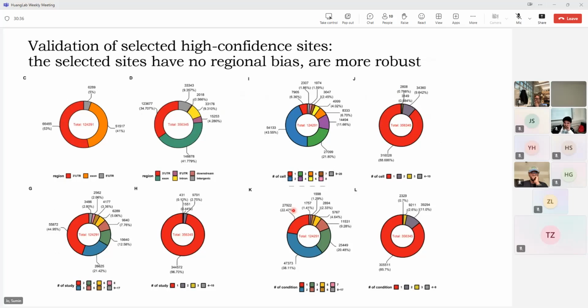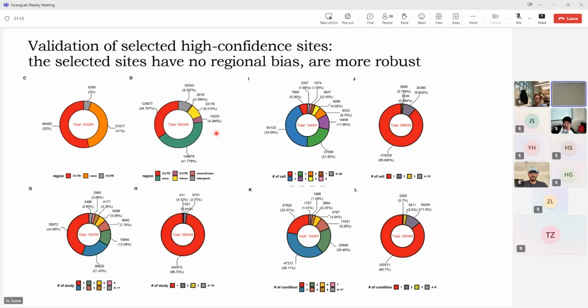After we selected those high confidence sites, we validated whether they are biased to some specific region or whether they are actually more robust than those excluded sites. If we compare these validation results, we were able to see that the selected sites versus excluded sites have a pretty similar regional proportion between 3' UTR, exon, and 5' UTR region.